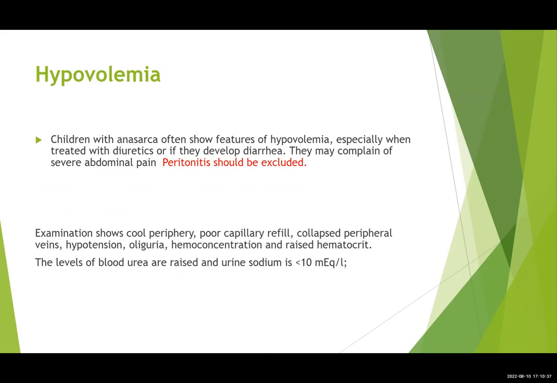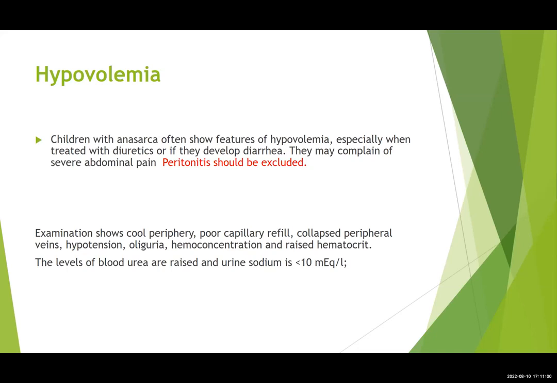Hypovolemia is a very serious and very common complication of nephrotic syndrome, especially if the patient has edema and is treated with diuretics. If he has diarrhea, that is a very serious factor.